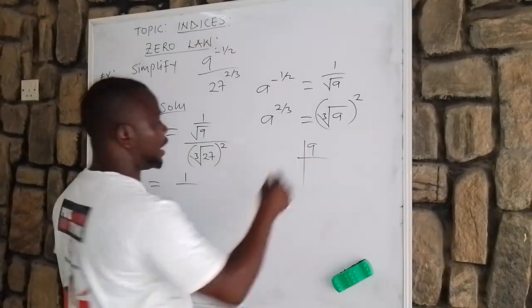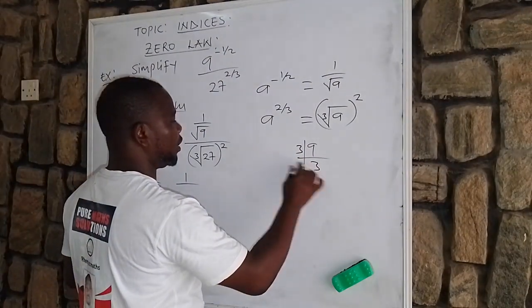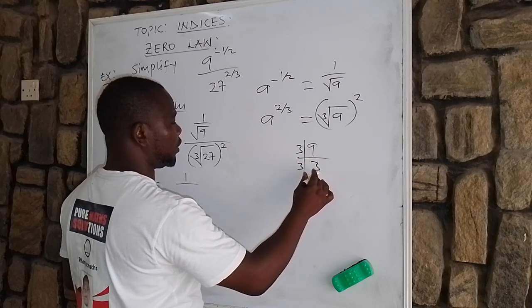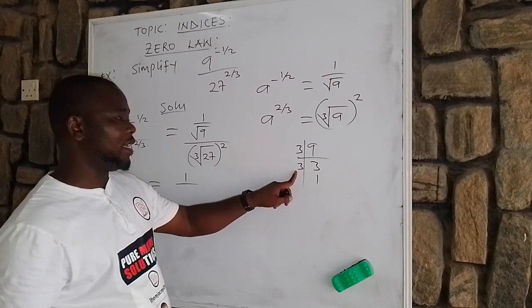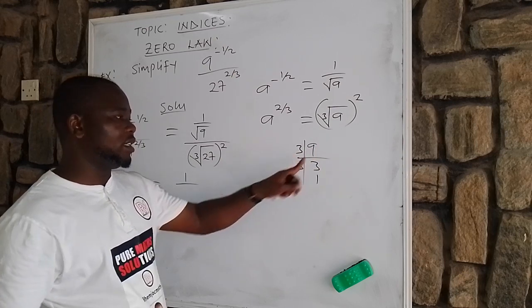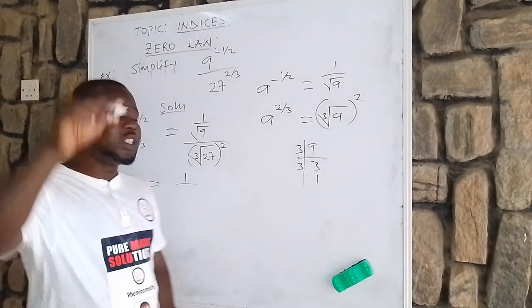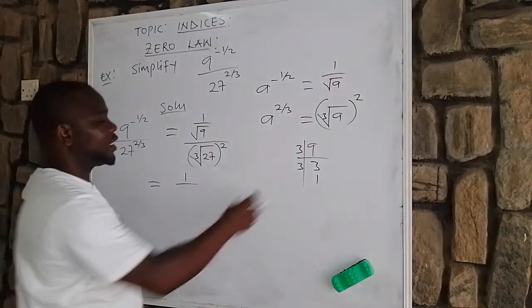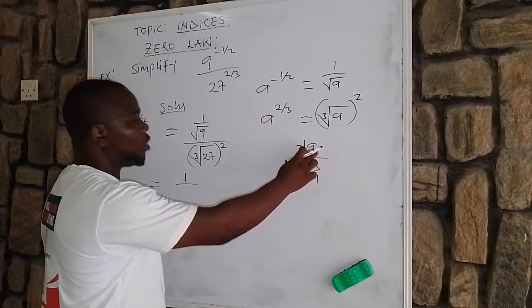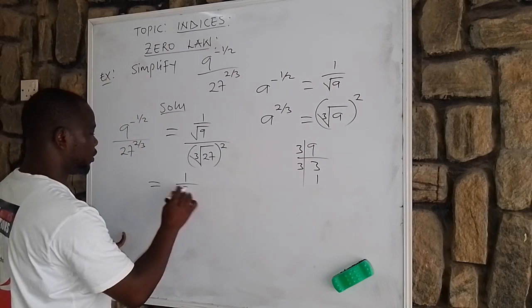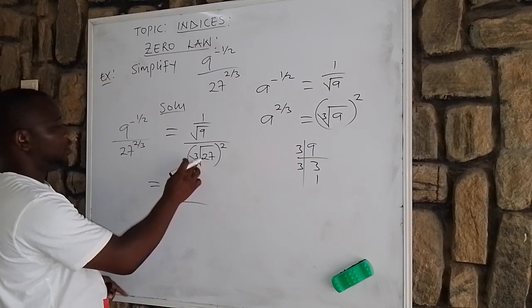No. Let's try 3. 3 into 9 is 3, 3 into 3 is 1. You discover that 3 times 3 gives you 9. So since 3 and 3 multiply themselves, the square root of 9 is going to give you 3. Then all over, what do we have here?